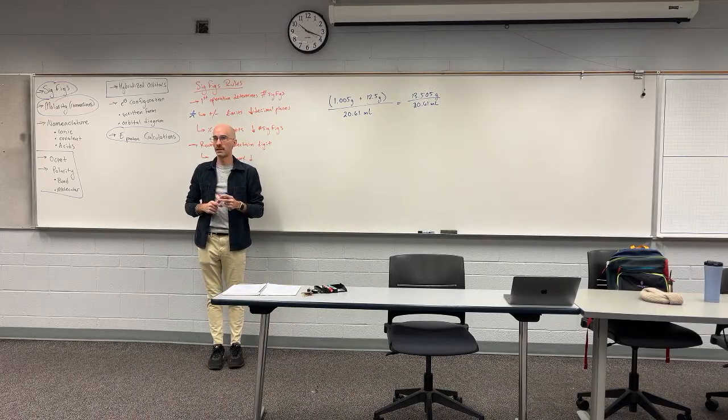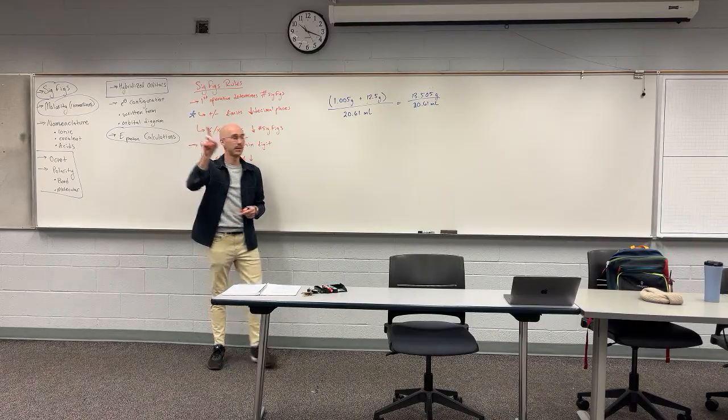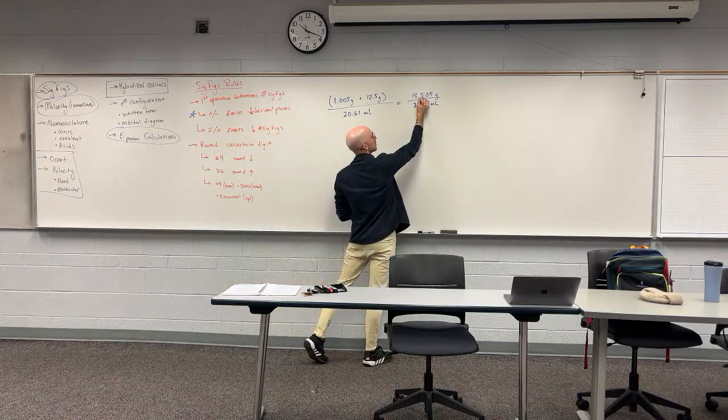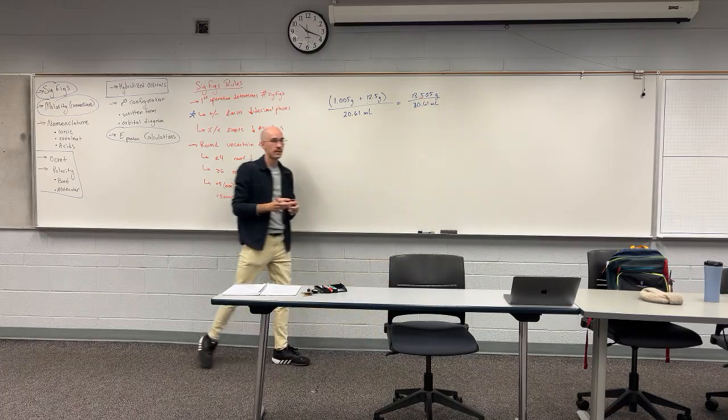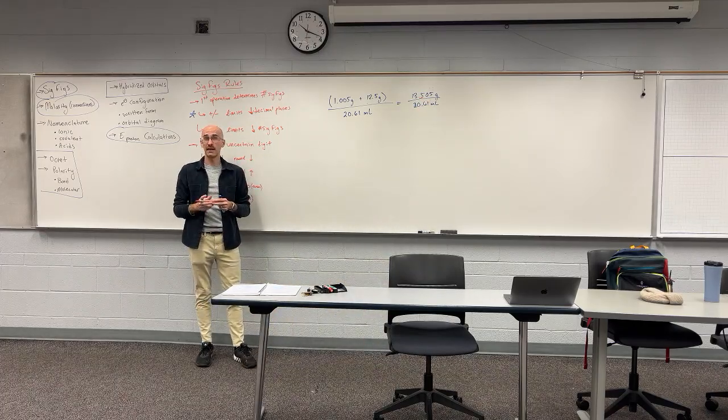I'm limited to how many decimal places on top? I'm limited to one decimal place, which is here. So how many sig figs should I get in my final answer? 3 sig figs.